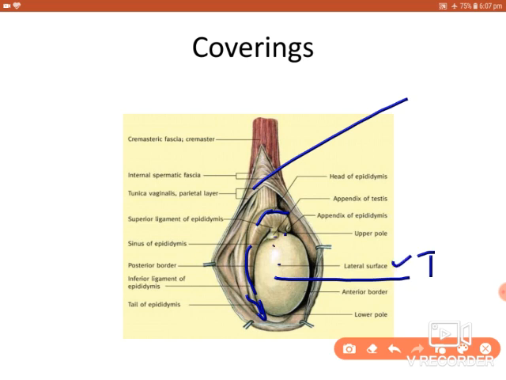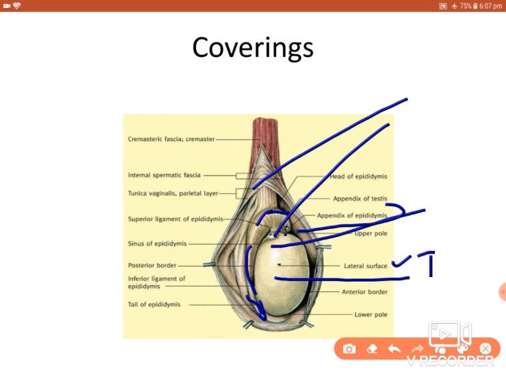Here you'll get the sinus of the epididymis. Then there are remnants of the paramesonephric ducts and mesonephric ducts. A paramesonephric duct forms the appendix of the testis. The remnants of the mesonephric duct form the appendix of the epididymis. These remnants you can also see here.